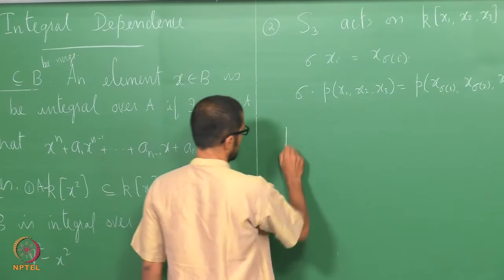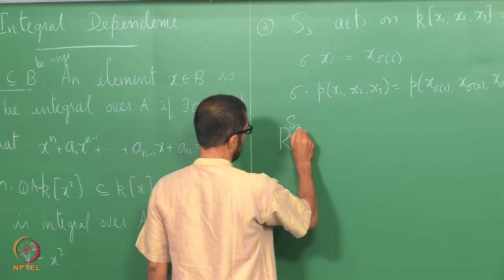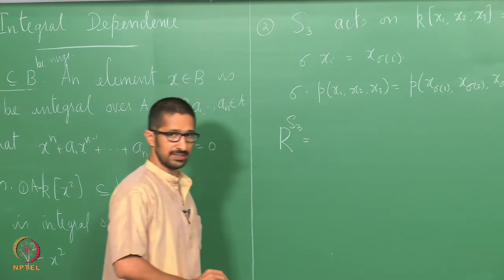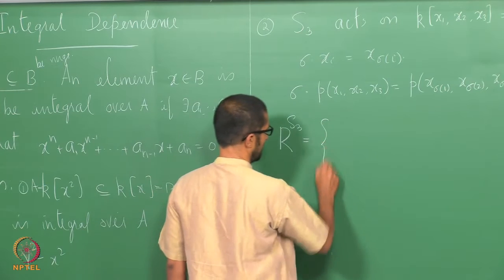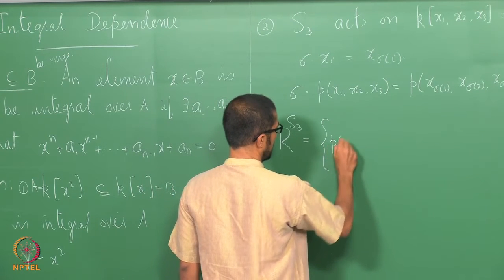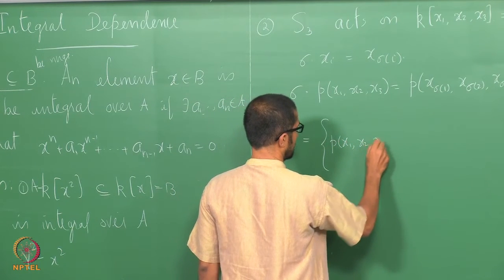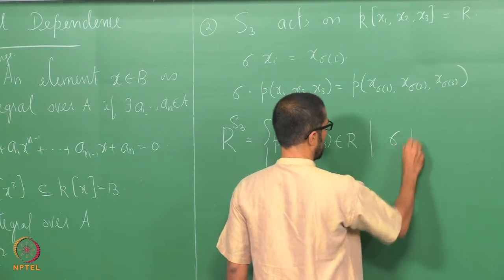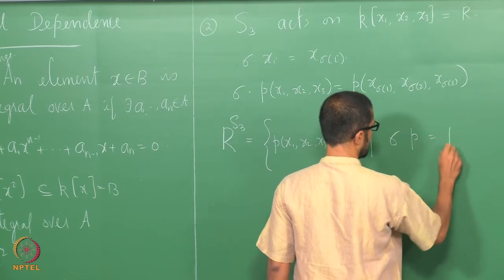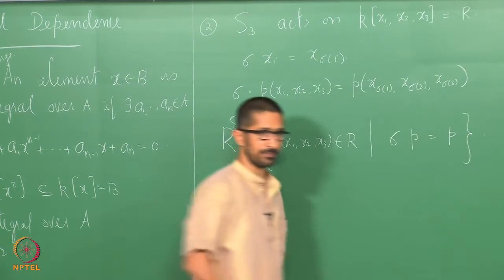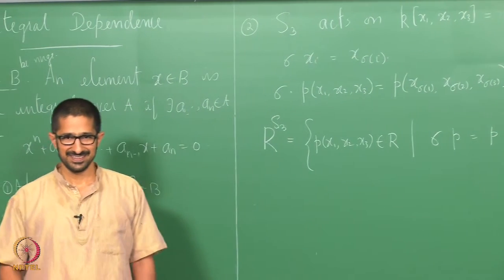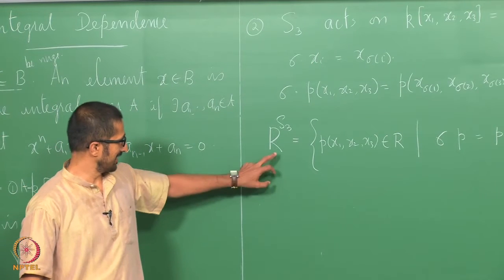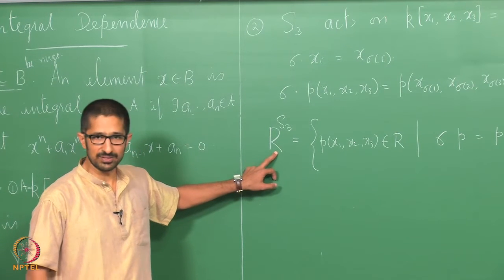Look at this ring R^S3. This is the set of all p(x1, x2, x3) in R such that sigma acting on p is the same as p. Okay. Then what do you know about this ring?